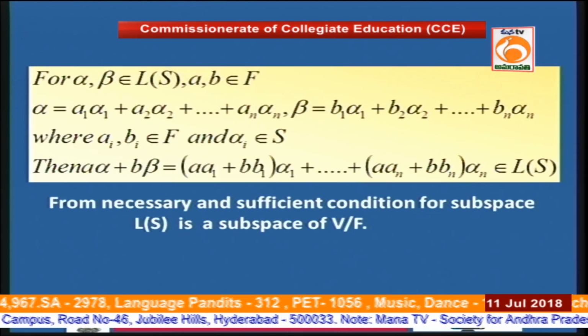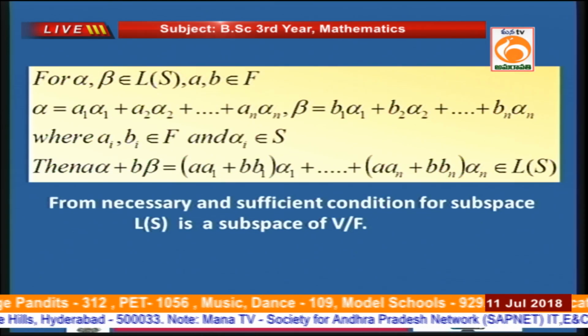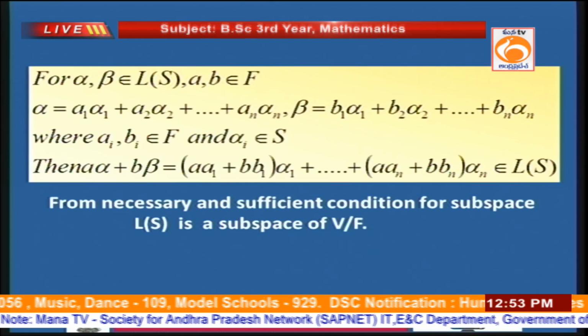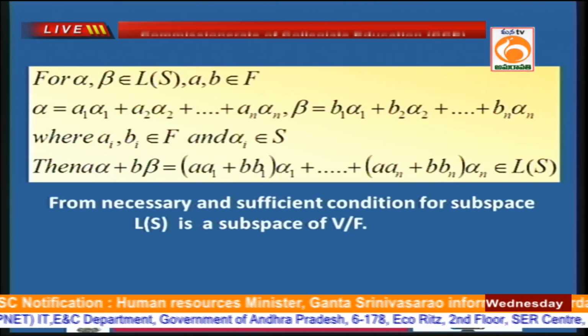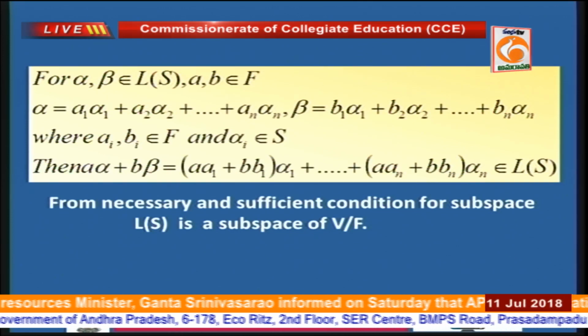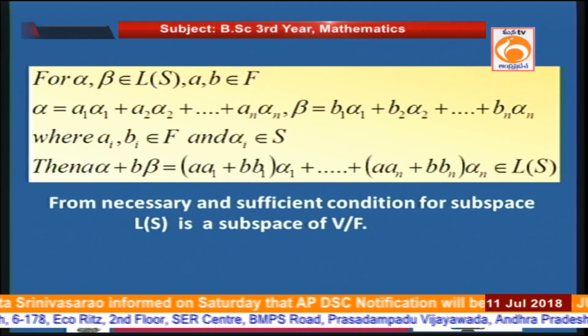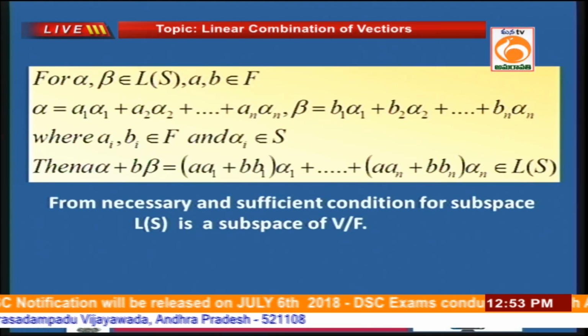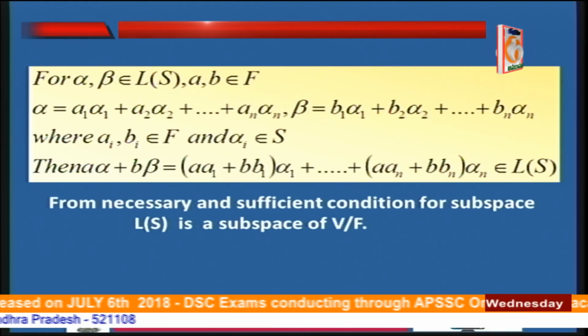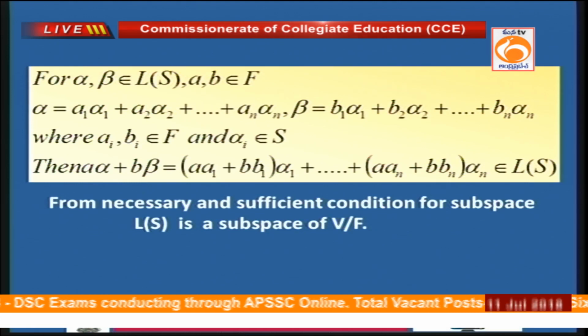It again looks like some a a1 alpha 1, some a a2 alpha 2, etc., plus b b1 alpha 1 and so on. It is again a linear combination of vectors of S. So this again belongs to L of S. So from the necessary and sufficient condition which we proved just now, L of S is a subspace of V.